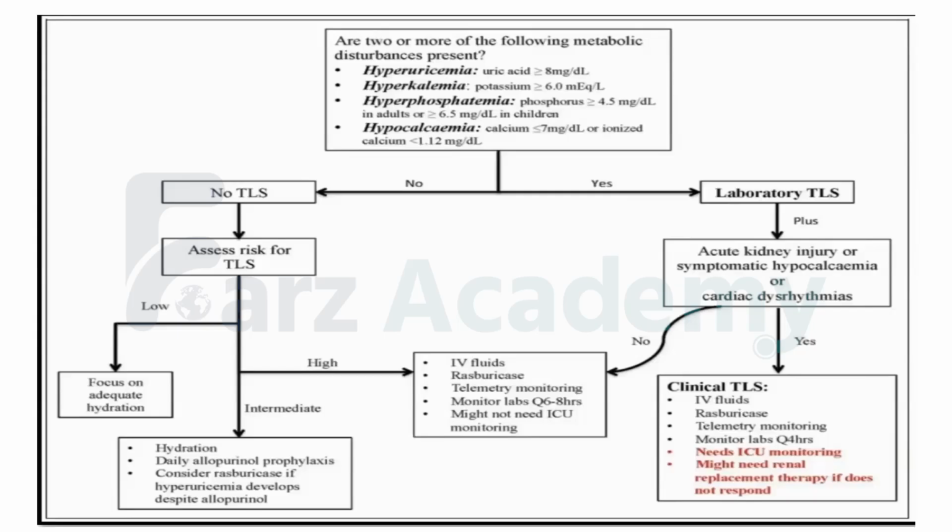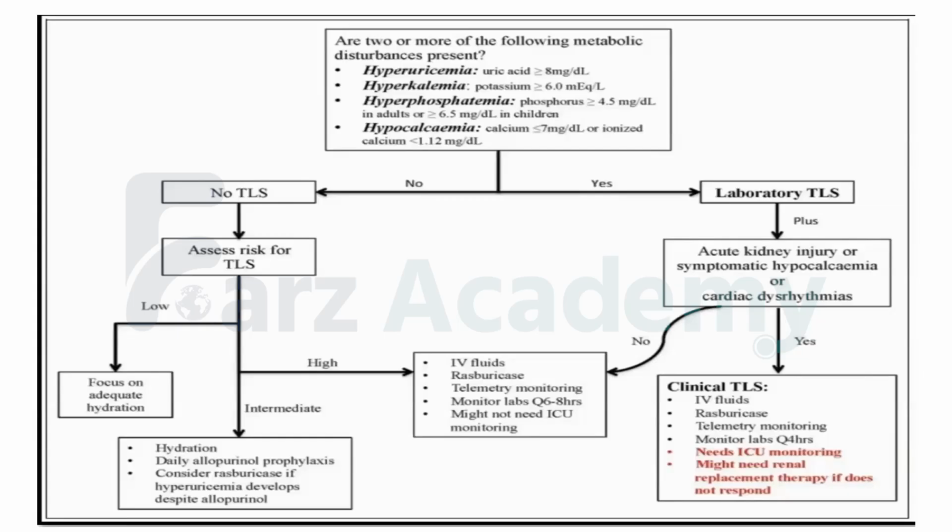But if there are no TLS-related electrolyte abnormalities, but the risk is high, you know the tumor type and the patient's underlying risk factors, maybe old age, cardiac problem, many other things, then you have to shift the patient to ICU, IV fluids, rasburicase, monitor all your labs 6 to 8 hourly, or maybe treat in a high dependency unit.